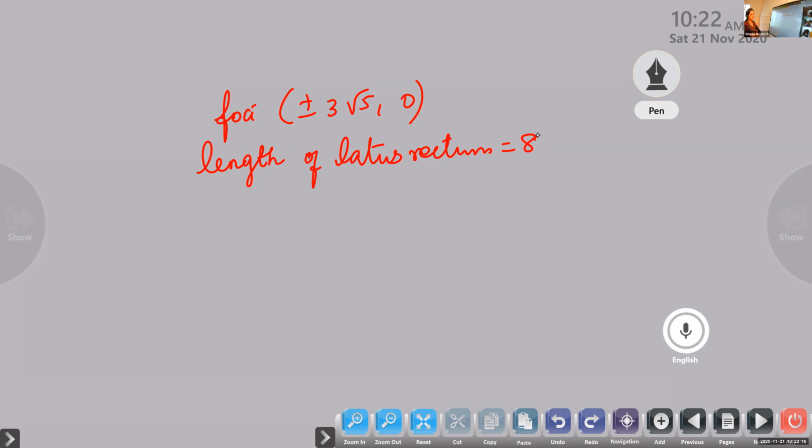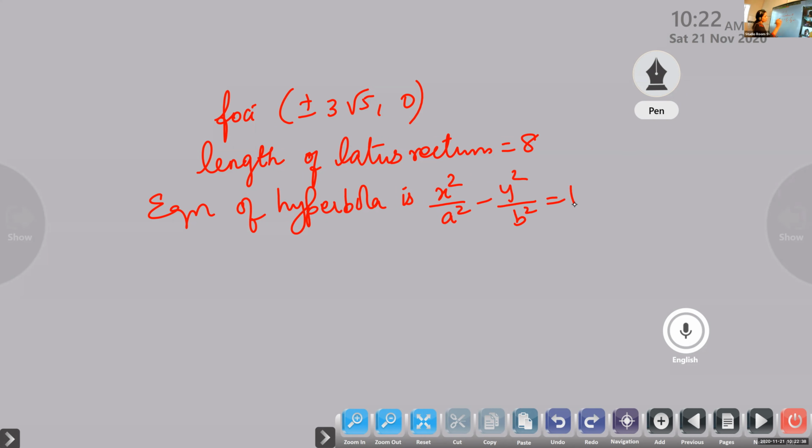So from the foci, we can understand that the foci lie on the x-axis. So the equation of the hyperbola is x square by a square minus y square by b square is equal to 1.